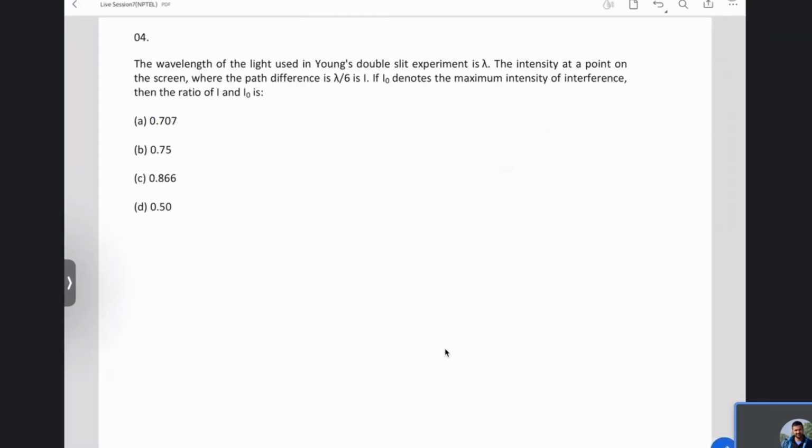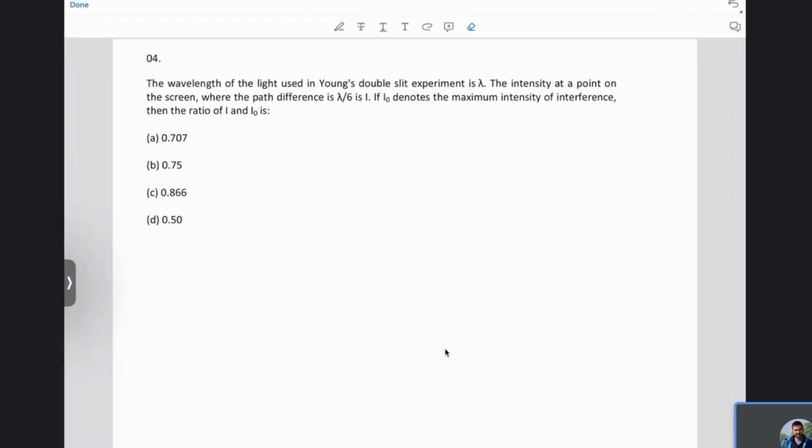Now, fourth problem. Here we have the wavelength of the light used in Young's double slit experiment is lambda.